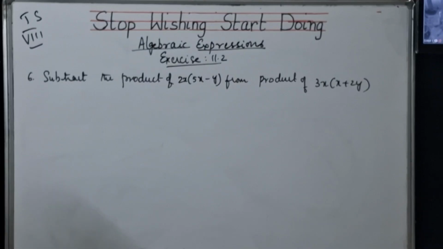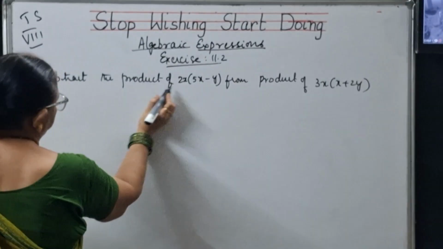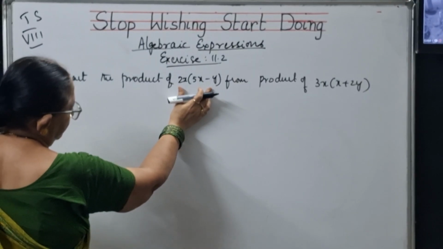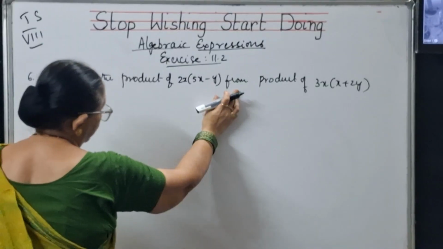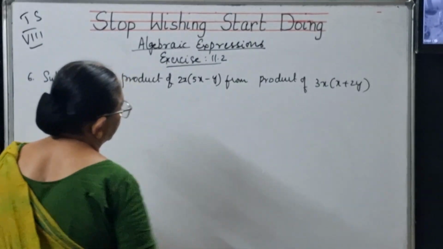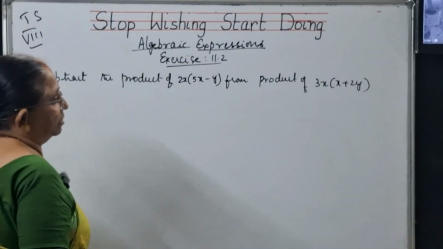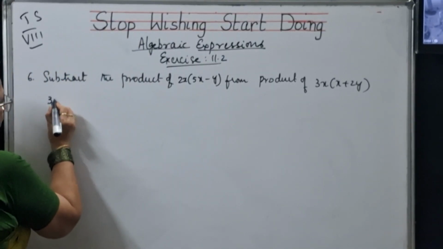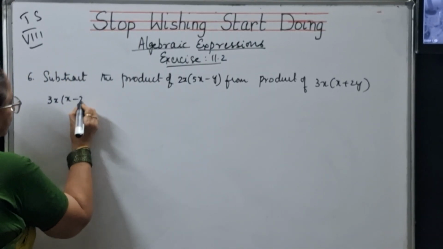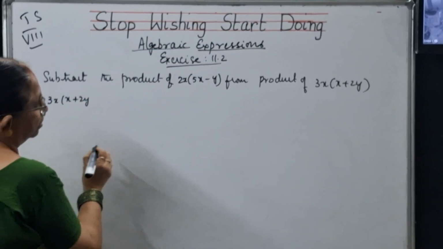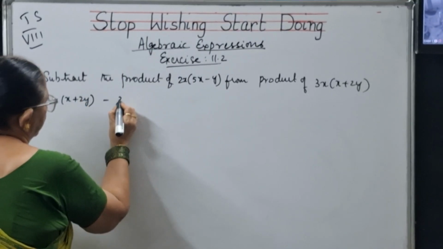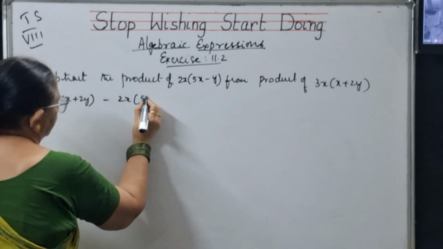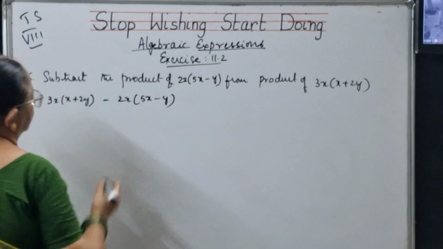Now the next one is subtract the product of 2x into 5x minus y from product of 3x into x plus 2y. You have to write. That means from 3x into x plus 2y, I have to subtract 2x into 5x minus y.